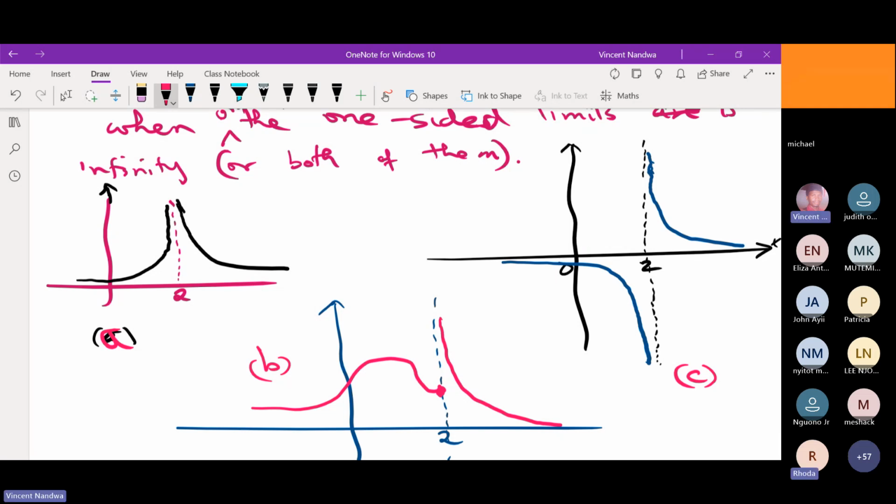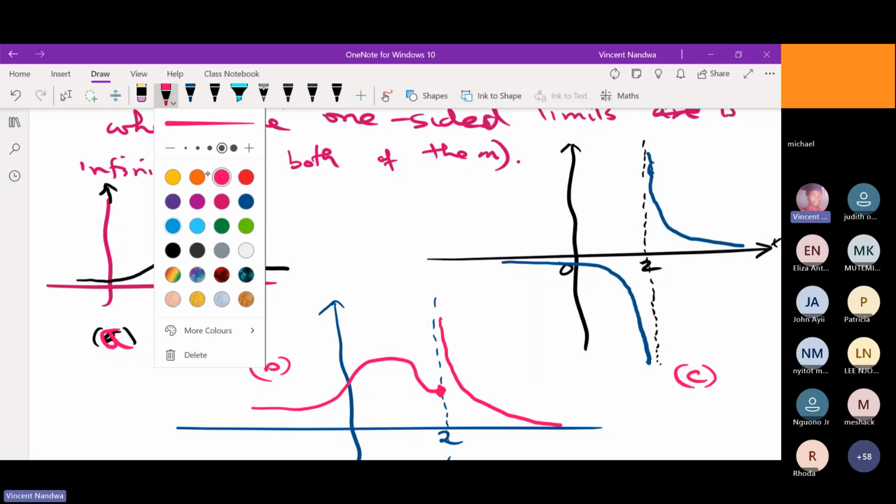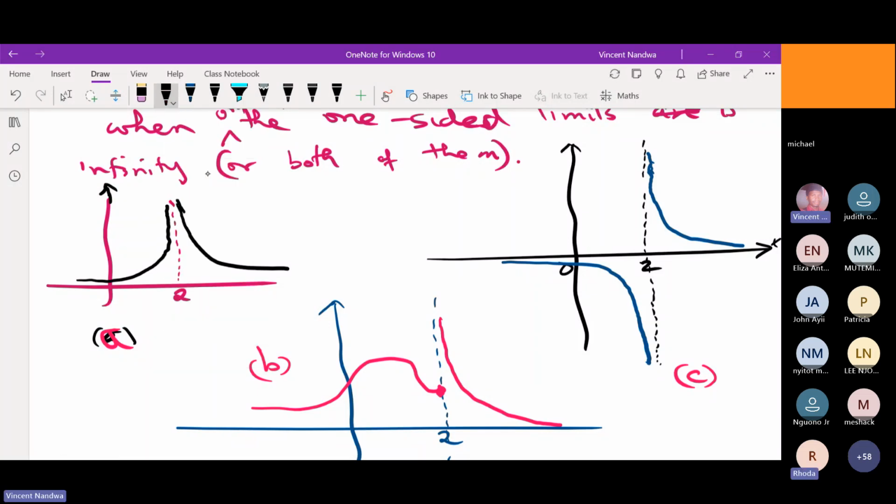Which one-sided limit is having infinity as its solution at x equals 2? The right hand or left hand? Right hand, yes. So the right-hand limit in this case is what is giving us an infinity.